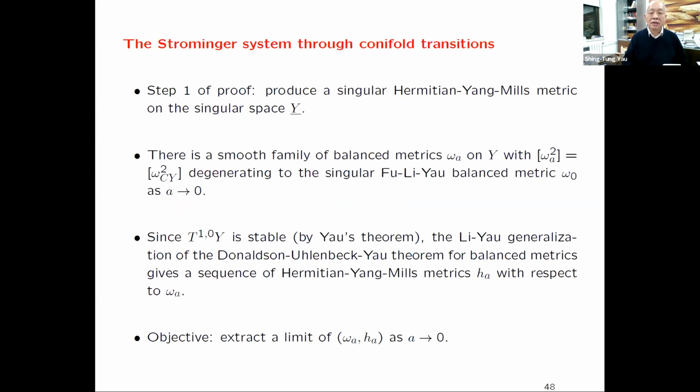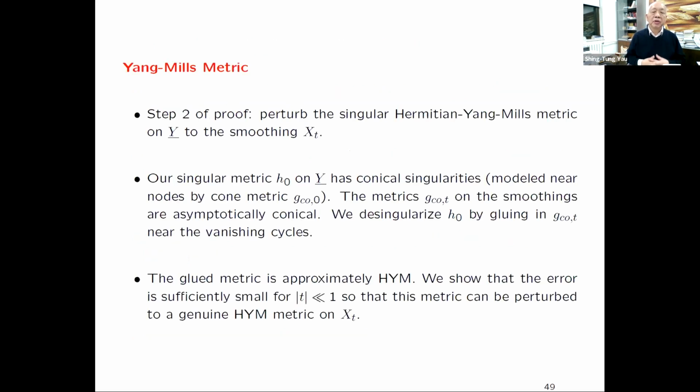And then on the stable bundle, we can use the argument that I did with Jun Li to construct those Hermitian-Yang-Mills metrics. And then we do a singular perturbation to achieve what we want. So this was written in our paper. I hope you can take a look.